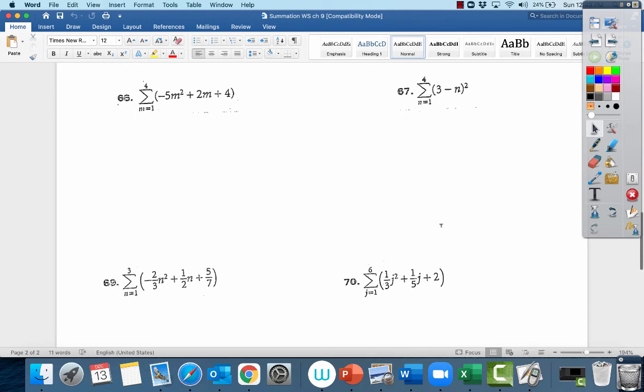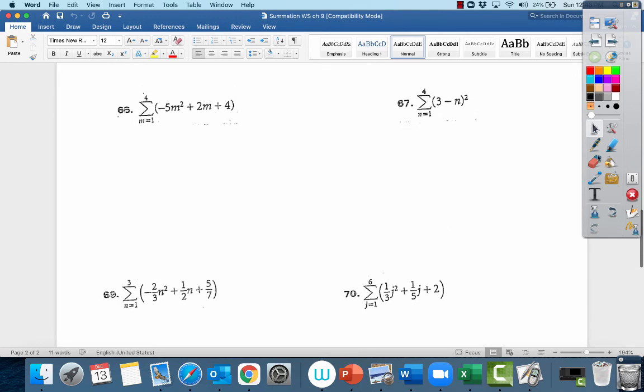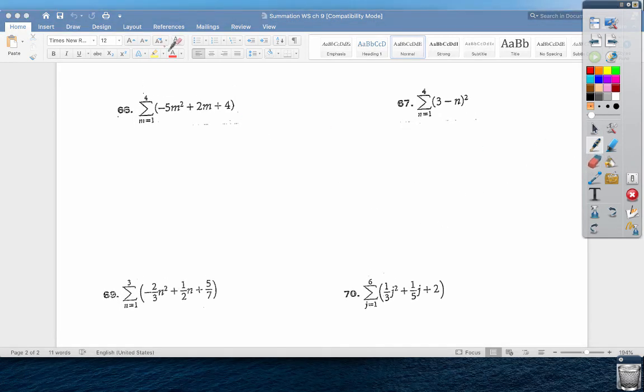Okay, let's do one of these ones back here. Let's do number 66 on the back. All right, so first I'm going to split up the sum from 1 to 4 of m squared plus 2 times the sum from 1 to 4 of m plus the sum from 1 to 4 of 4.